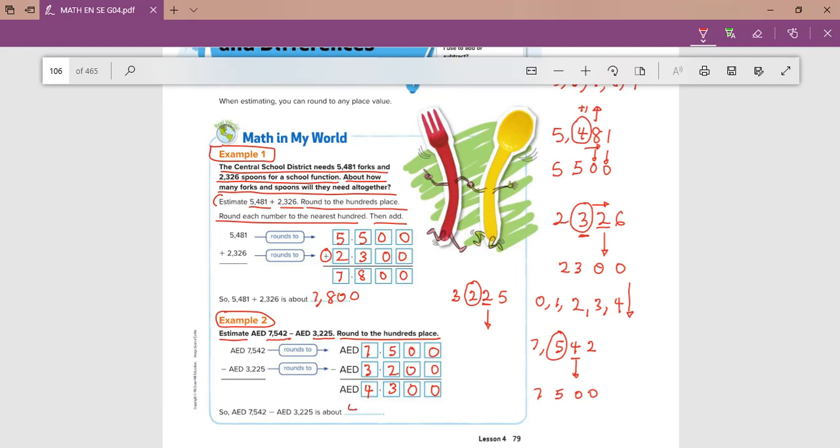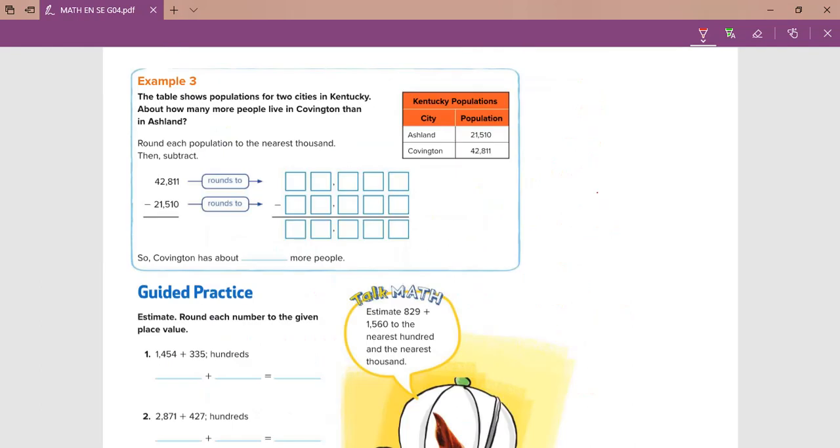So it's about 4,300. This is the introduction to estimation. In the next examples, we're going to see more.